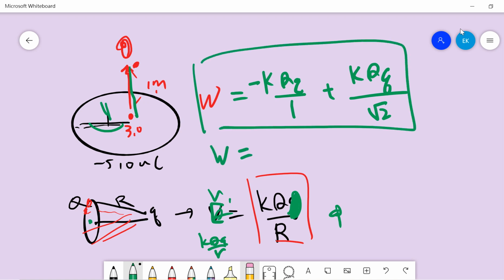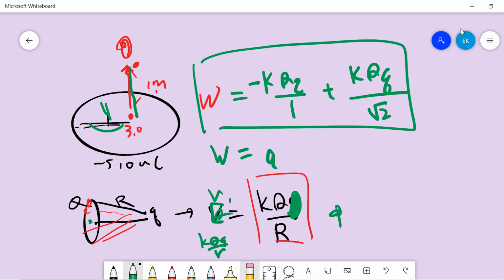So we can plug in. When we find the answer, then we can know whether it's positive or negative. So if we miss something, then we know that.